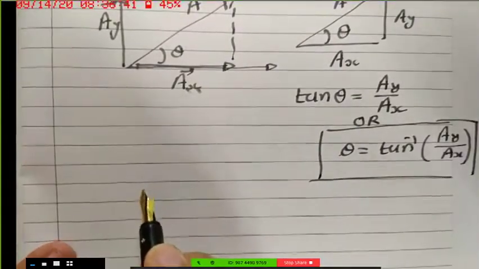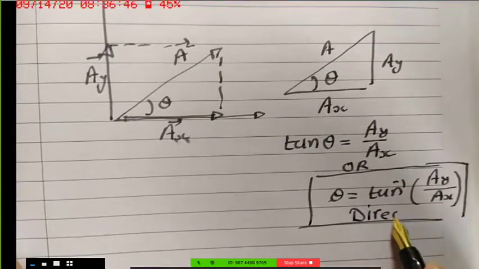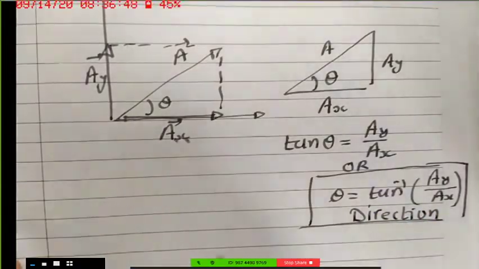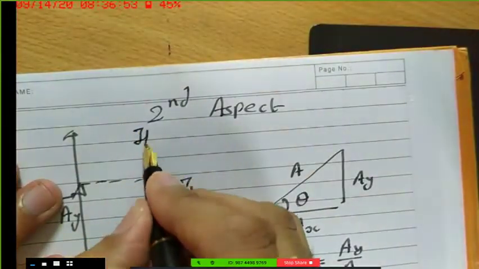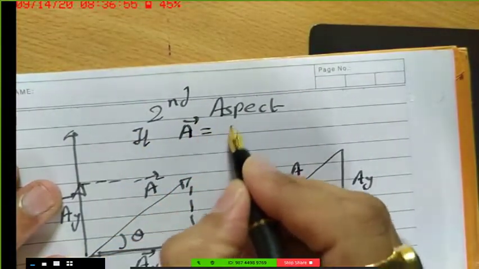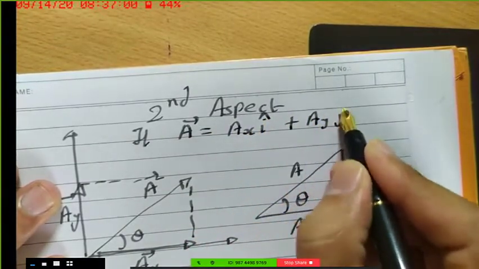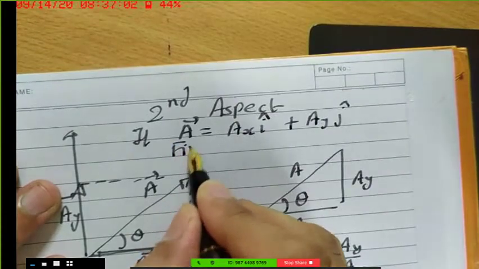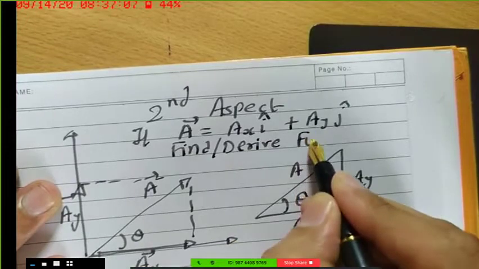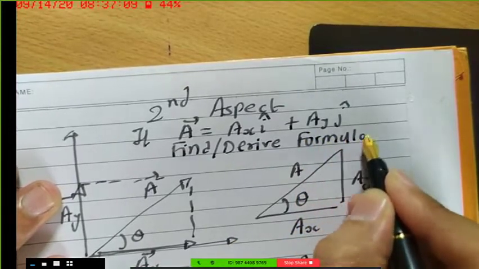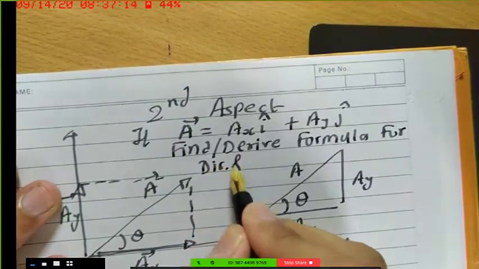Suppose I have to find the magnitude, the direction we already got. So the question is, if A equal to AX i plus AY j, find or derive the formula for direction and magnitude.